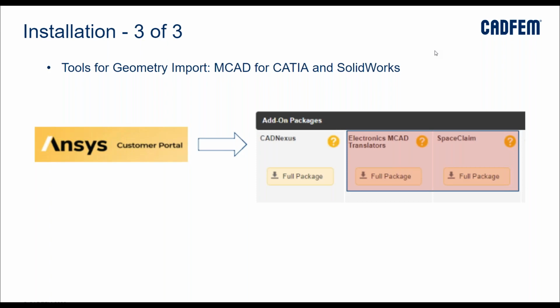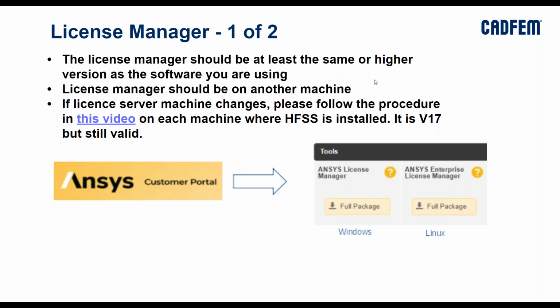license. So next slide, please, Bob. Then you need to install the license manager. And the license manager is a piece of software where you can install your license. We have two versions. So Ansys License Manager without anything means that's the Windows version. Ansys Enterprise License Manager means that's the Linux version.